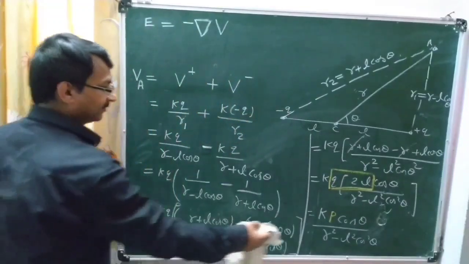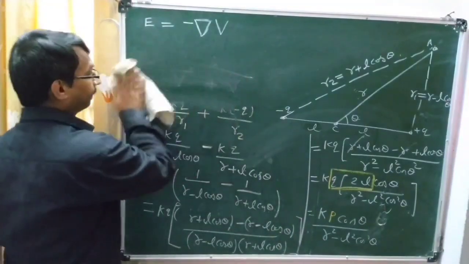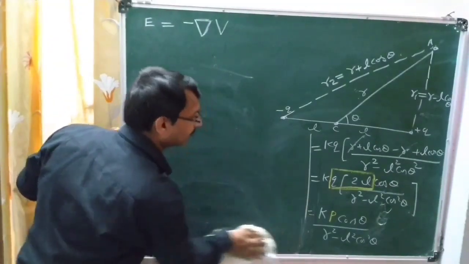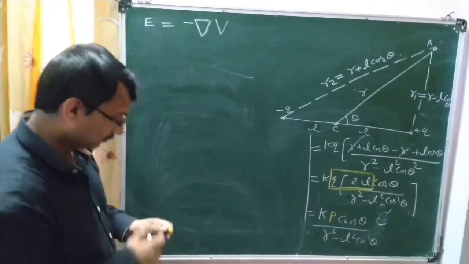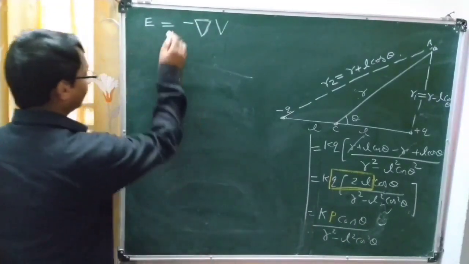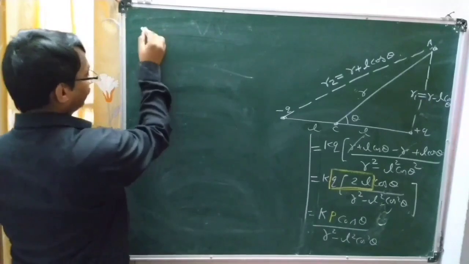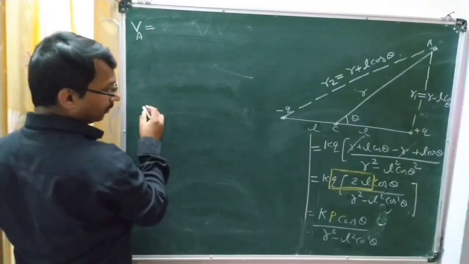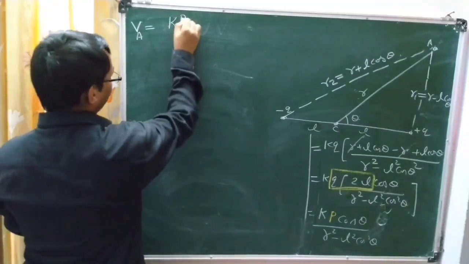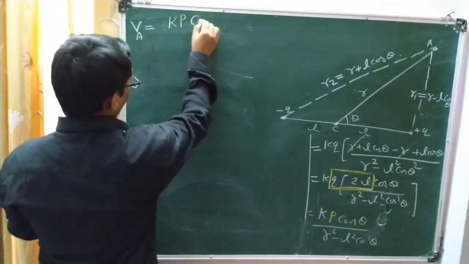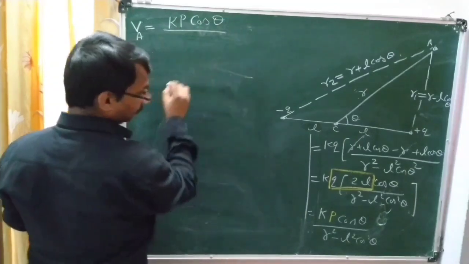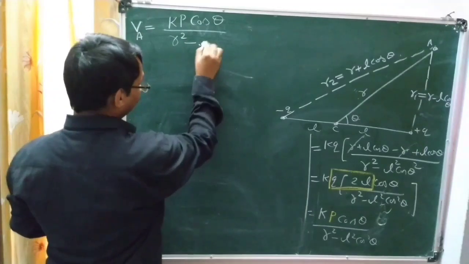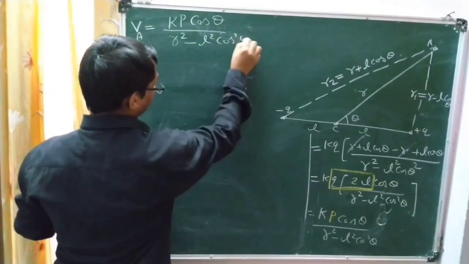Now we are writing this term again here. On rewriting this term, it gives V at the general point A equal to Kp cos theta upon r square minus L square cos square theta.